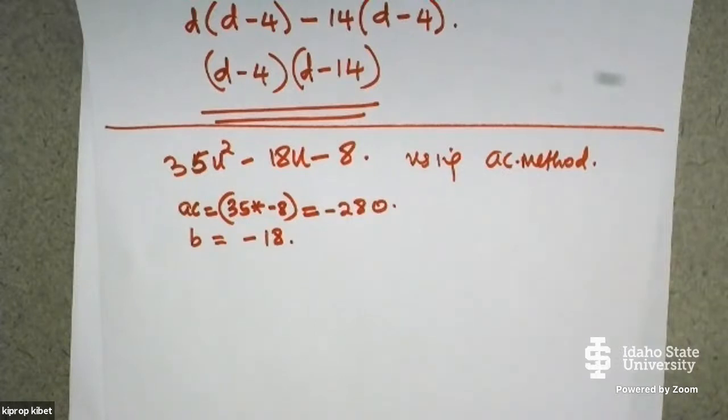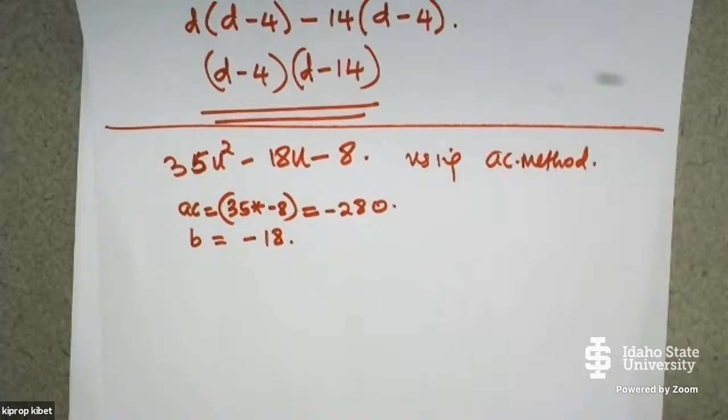Is it close to 18? It is not. So when you take like 5, when you divide that one by 5, you get 56. Is that close to 18? It is not. If you take 7, it is not also near.